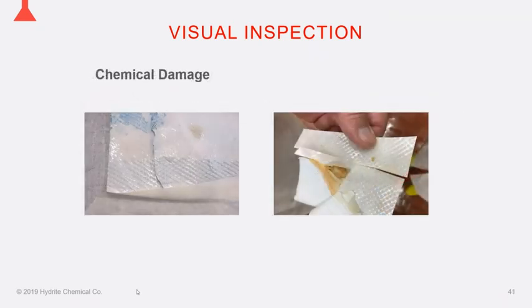One of the things that we're going to be looking for is chemical damage. We've talked a little bit about the different chemistries that can cause damage: excessively high pHs, oxidizers, solvents. Generally this is going to be seen either, in the extreme case, as these cracks, but most commonly simply as a membrane that cracks easily.